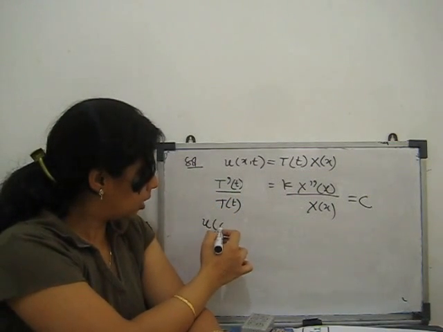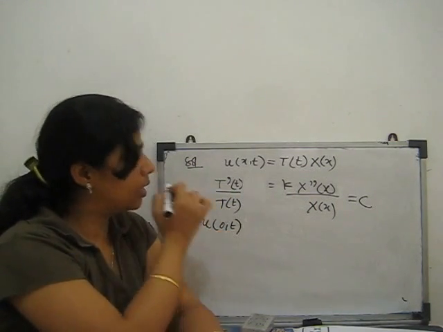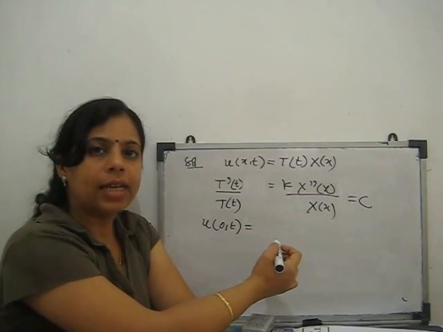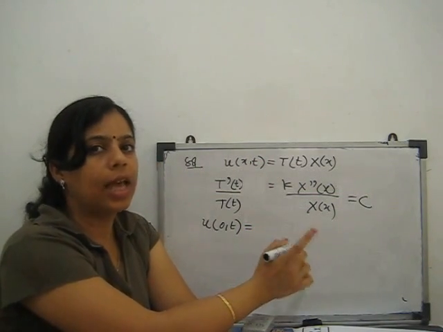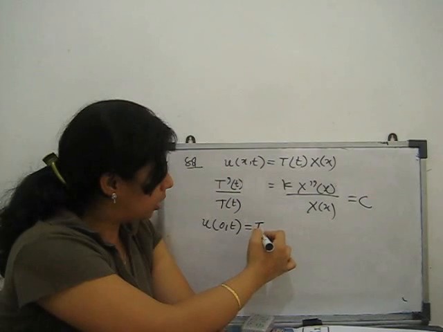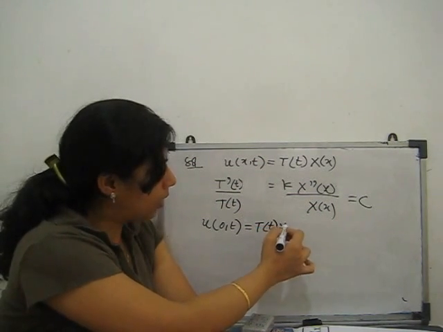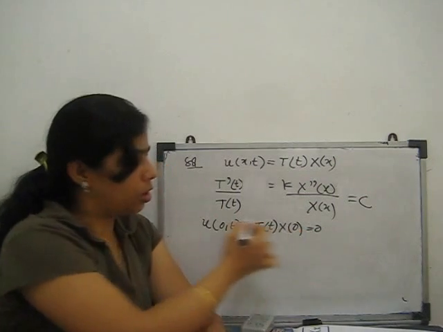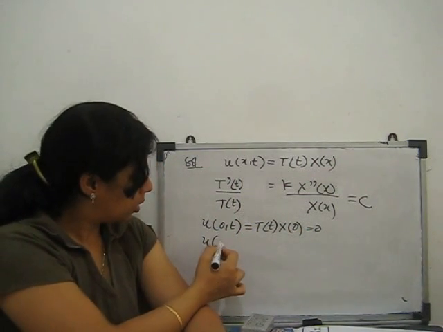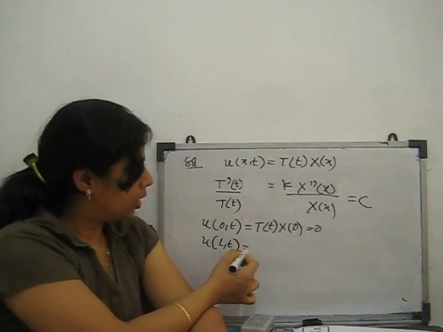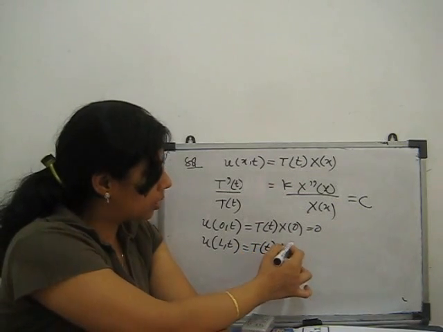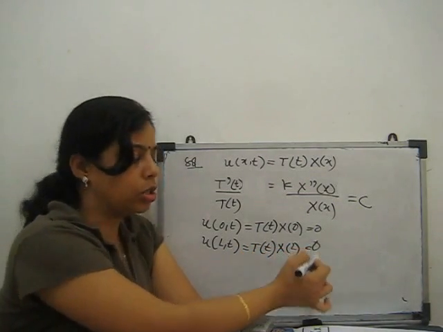First boundary condition: u(0, t) = X(0)T(t), so T(t)X(0) is 0, the value is 0. Second boundary condition: u(L, t) = T(t)X(L) equal to 0.